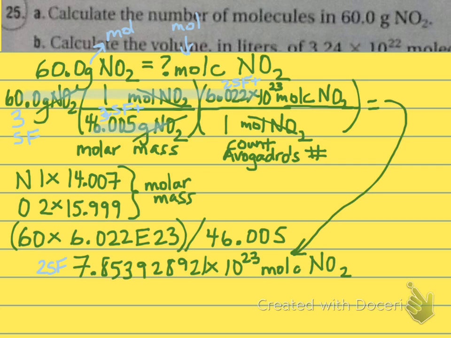So I want 3 at least here. So my answer should have 3 significant figures. So again, that's going to make it 7.85 times 10 to the 23rd molecules of nitrogen dioxide.